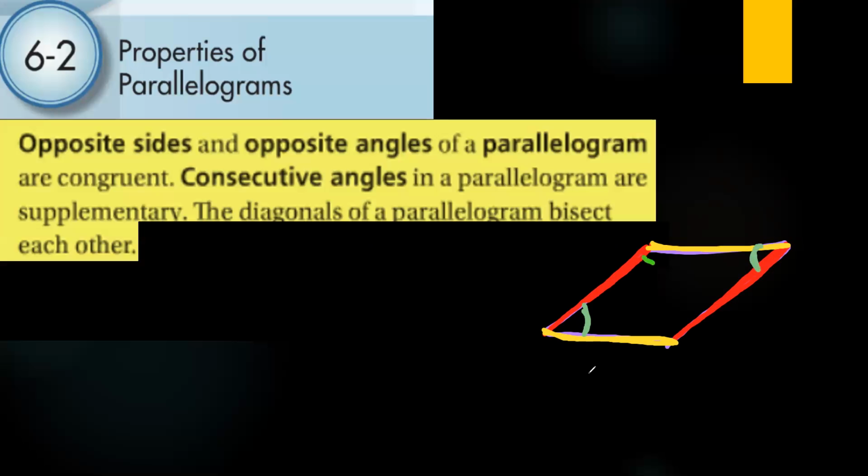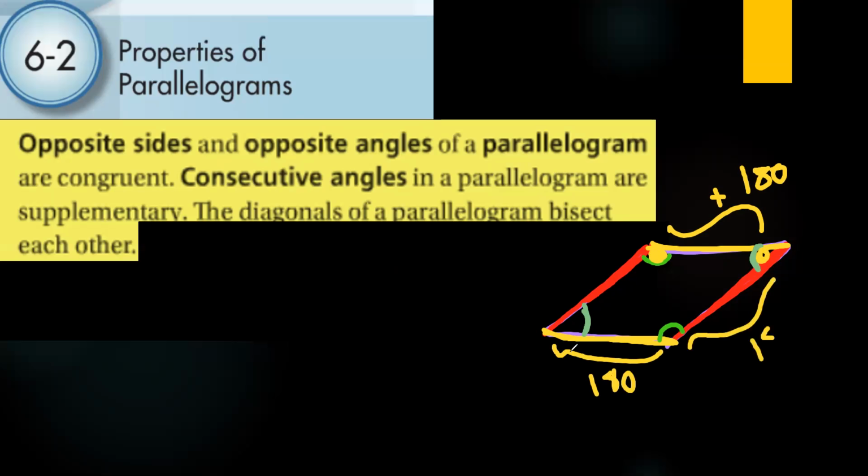They are opposite, and these two opposite angles are congruent. And the consecutive angles, it means the measure of this angle plus the measure of this angle, if you add them, they are 180. And this one here, they are 180. And this one here, they are 180.